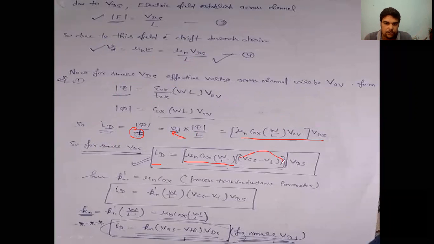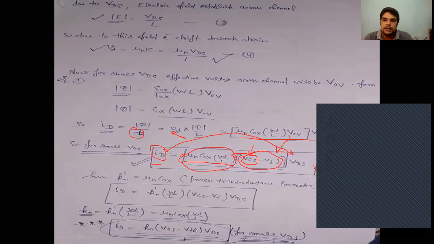What is the overdrive voltage? That is your VGS minus VT, into VDS. Now, if the value of all these terms is constant, if VGS is kept constant above VT, then ID is directly proportional to VDS.